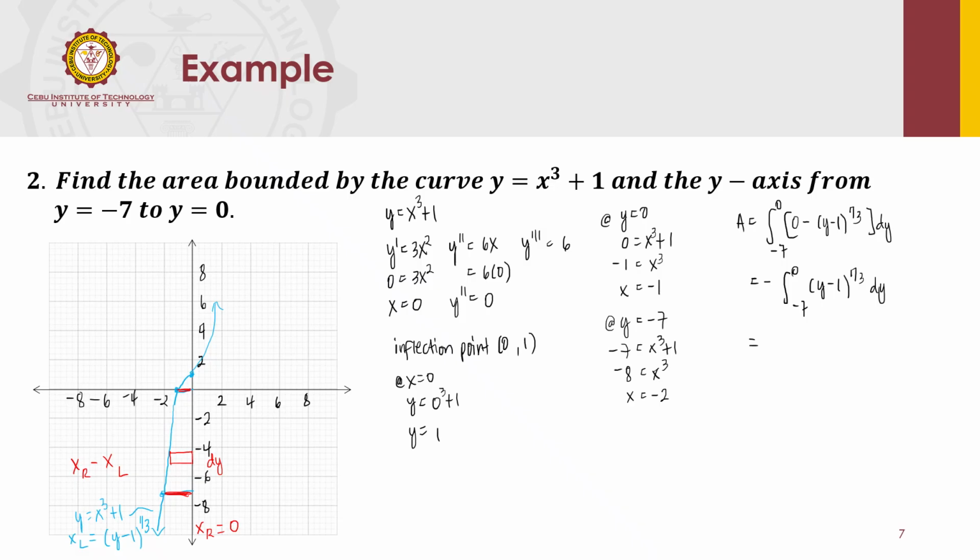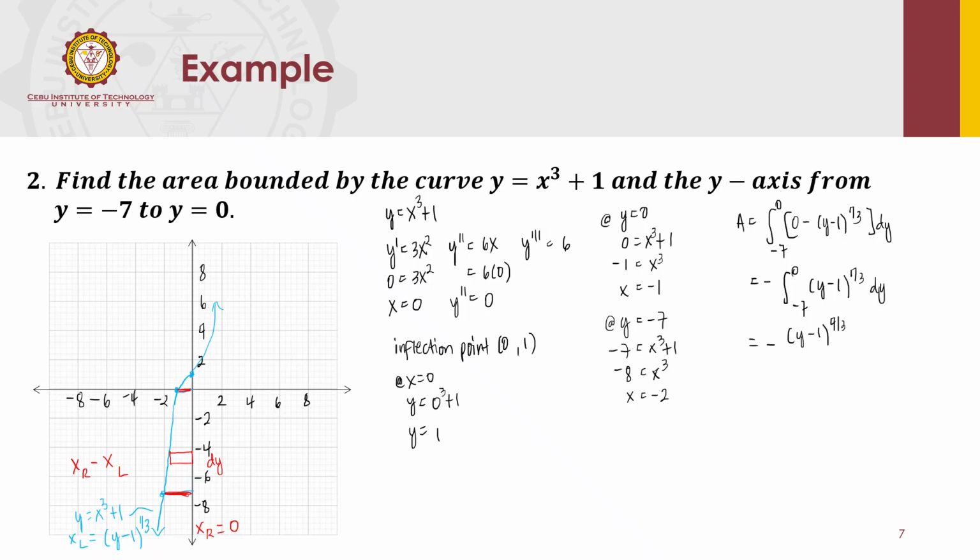So it would lead to u to the power of 1/3 plus 1, or 4/3. Or we'll just write it as y minus 1 raised to the power of 4/3 without showing the simple substitution process, so that we don't need to change the limits.